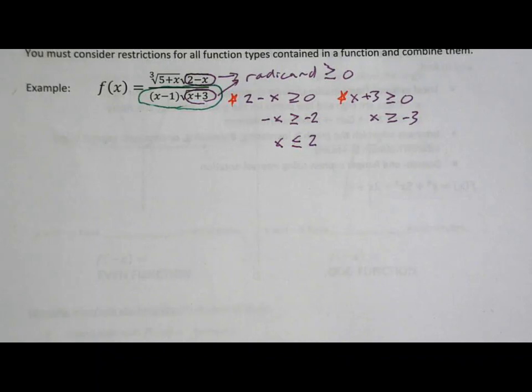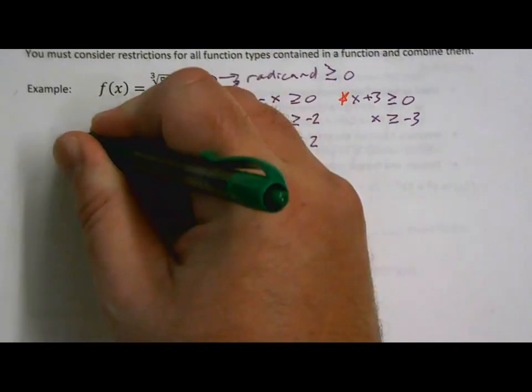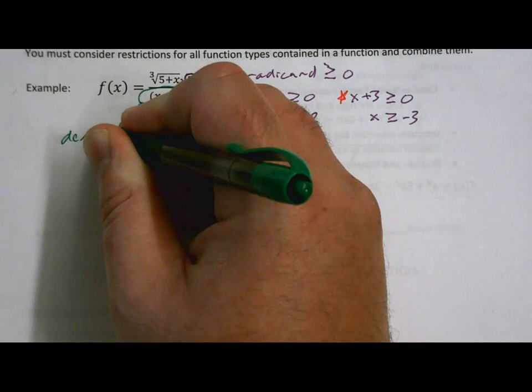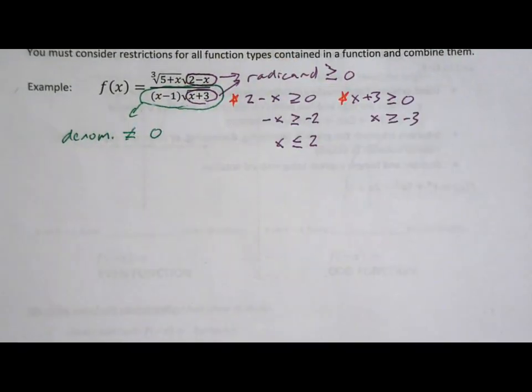Does anybody have any questions about that? I'm sure a few of you do. Well, we'll keep going and maybe the question will come up. What's our rule? Our rule is that the denominator must be not equal to 0.